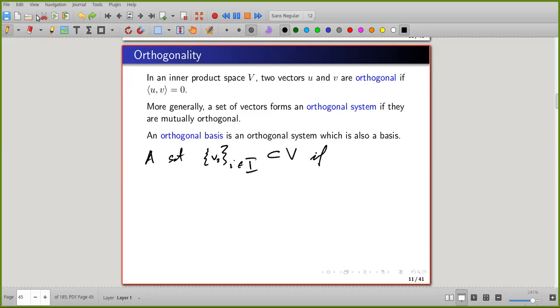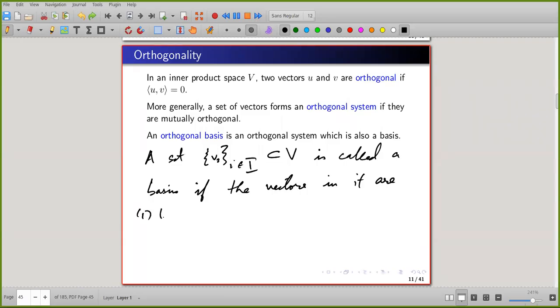A set is called a basis if the vectors in it are linearly independent. So the first condition is they should be linearly independent.